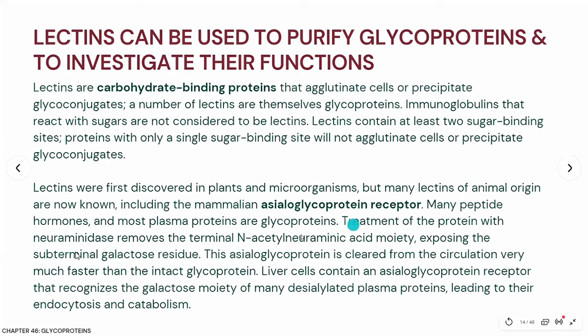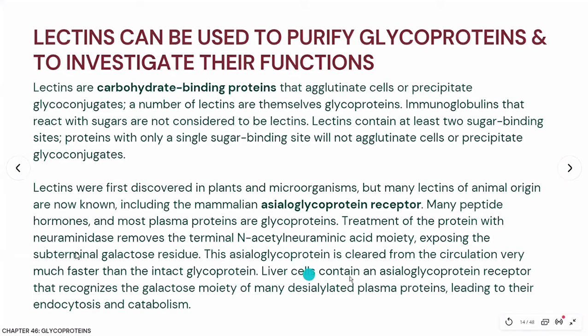Treatment of protein with neuraminidase removes the terminal neuraminic acid. Okay. This asialoglycoprotein is cleared from circulation faster than the intact glycoprotein. So they are removed right away.